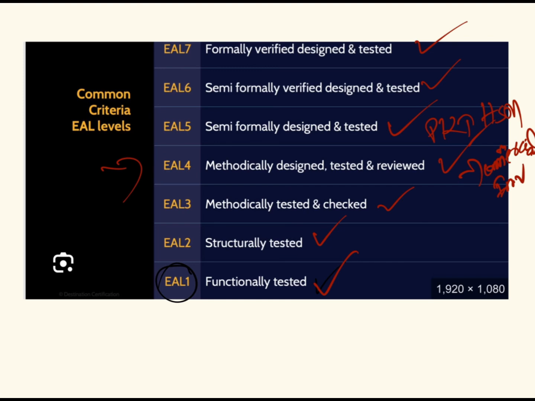Like for audit, we have internal auditors, but still for certification purposes, to show our customers that we have done a proper audit, we always need external auditors. Similarly, here we need independent labs for CC evaluation.